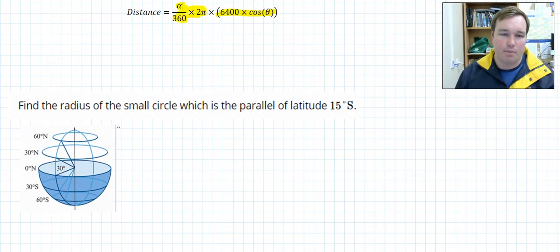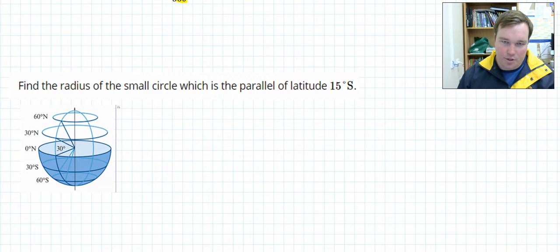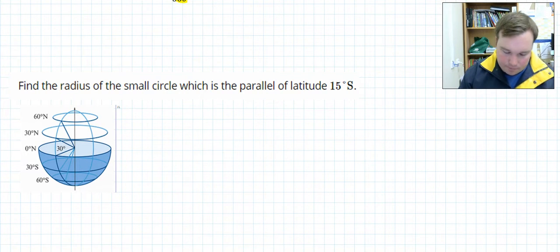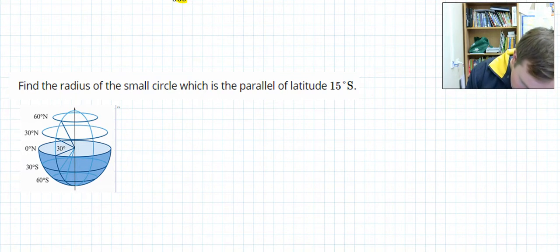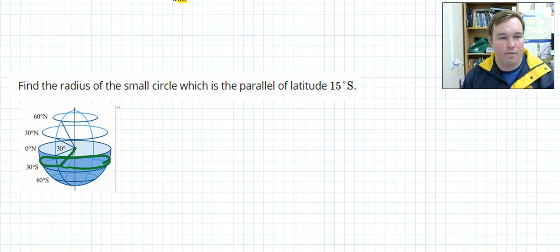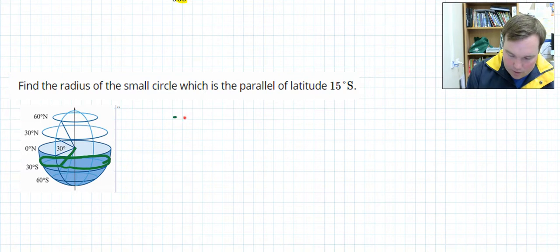Find the radius of the small circle which has a parallel latitude of 15 degrees south. Alright, 15 degrees south we can see is here. So what we're looking for is the radius of this circle cutting around the world at that southing. Now, from side on, what this looks like is we're at the equator.